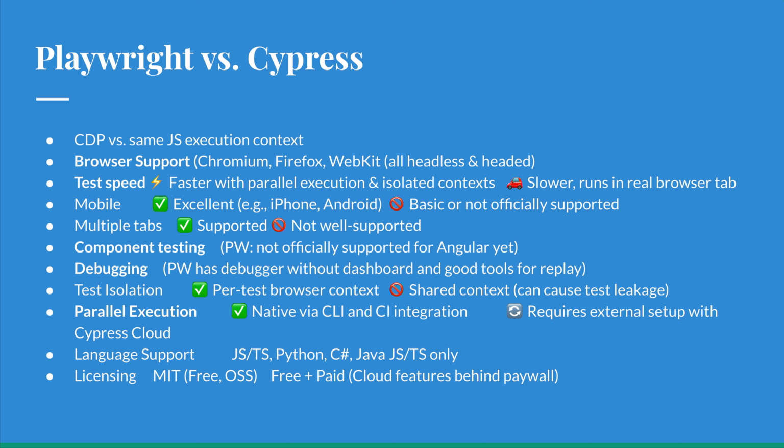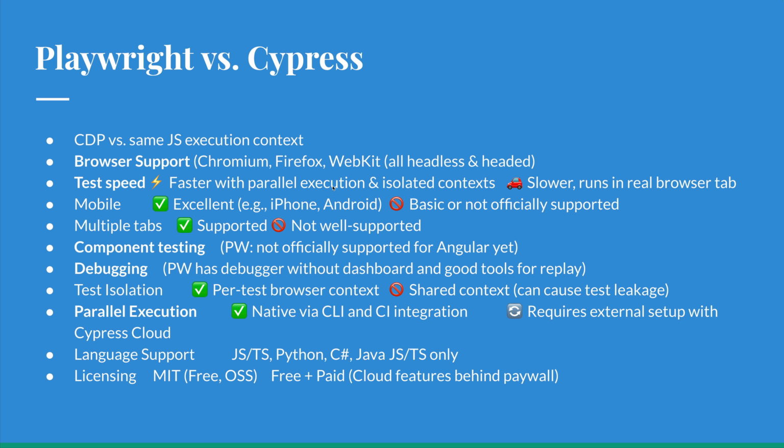Because Playwright runs outside of the app, it's more flexible in using the different browser protocols to control them, like Chrome DevTools Protocol for Chromium browsers. It also has WebKit support, which later also got supported by Cypress, but it's a smaller browser support than Playwright. One of the biggest selling points with Playwright is the parallel execution and the more isolated context.